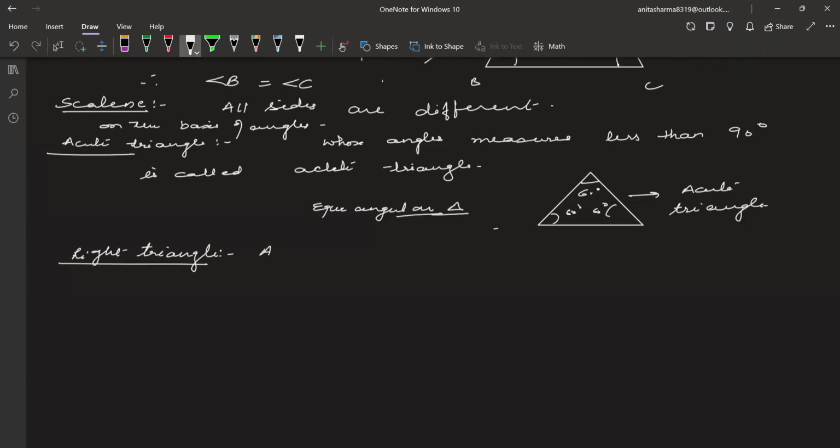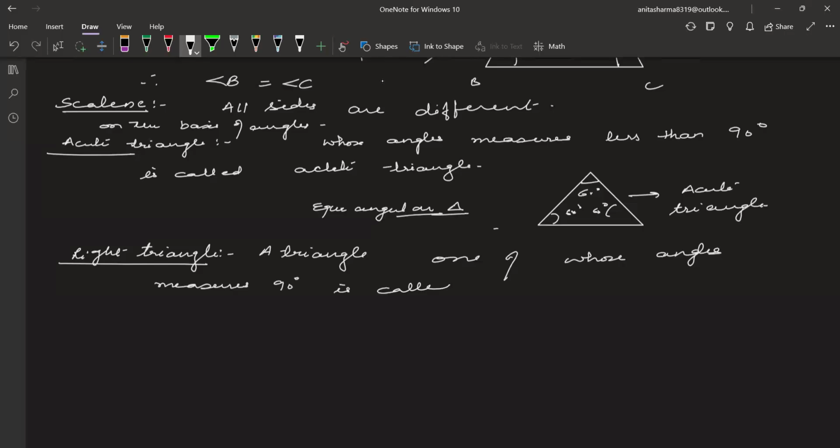So a triangle, one of whose angles measures 90 degrees, okay, beta, is called a right triangle. So this is a right triangle. This angle is 90 degrees. Okay?